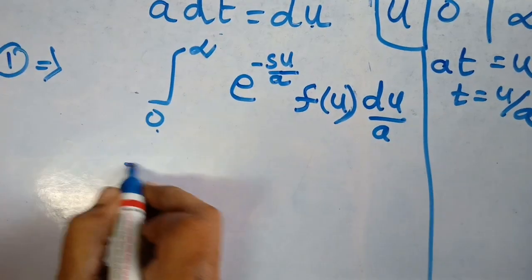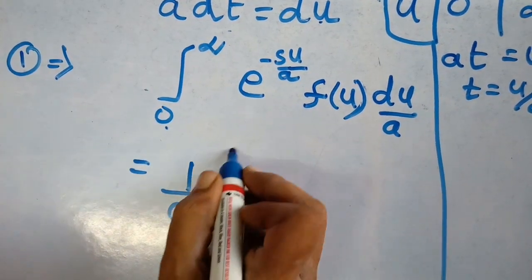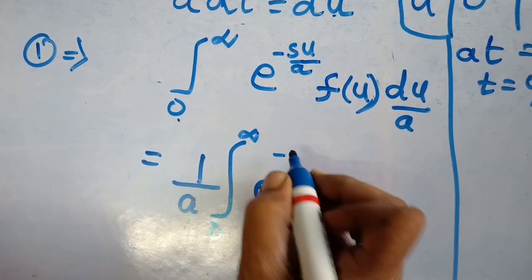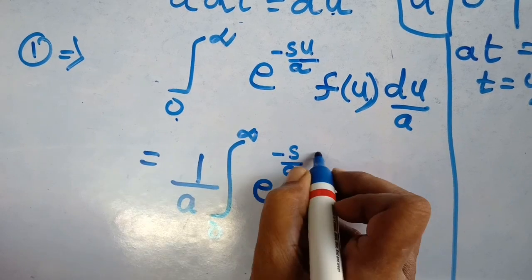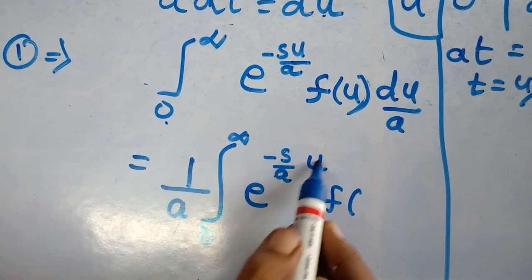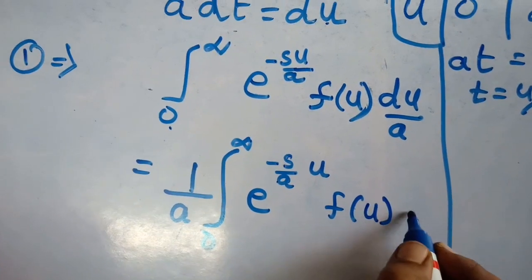So a being a constant, I can take it outside, which is 0 to infinity, e power minus s by a u f of u. I am writing u by a as s by a u, f of u du.